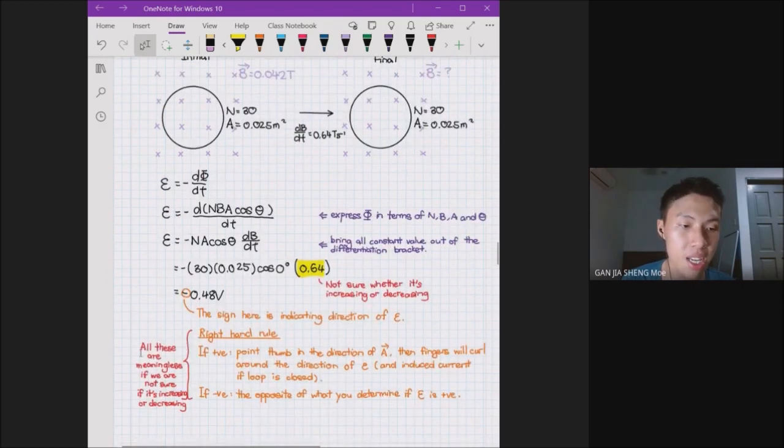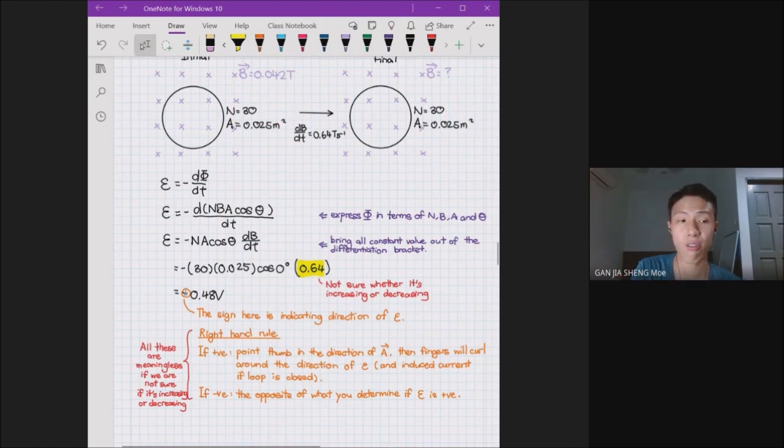But all these signs here are meaningless if you're not sure whether the magnetic flux is increasing or decreasing. Even though you have a negative sign here, it is not telling you the direction. Because it can be that you substitute in negative 0.64 over here. Let's say it's decreasing at a rate of 0.64 Tesla per second. Then you put in negative 0.64, and you get positive 0.48 also.